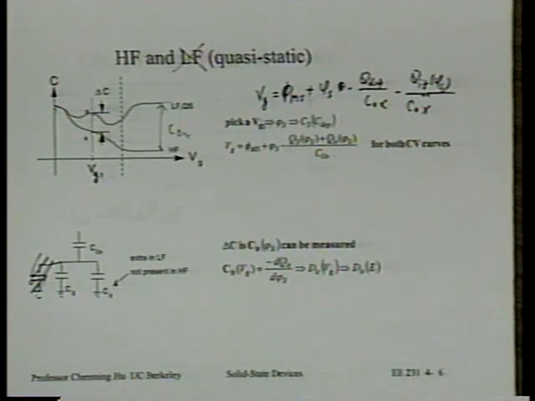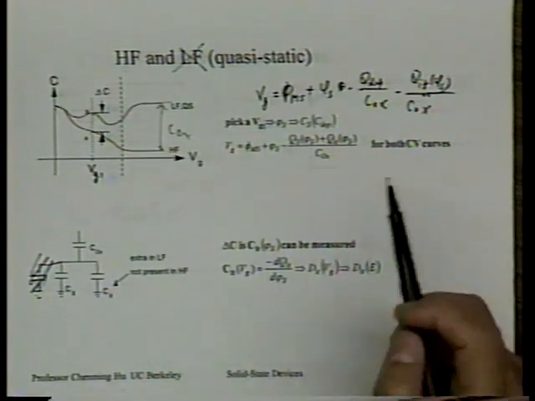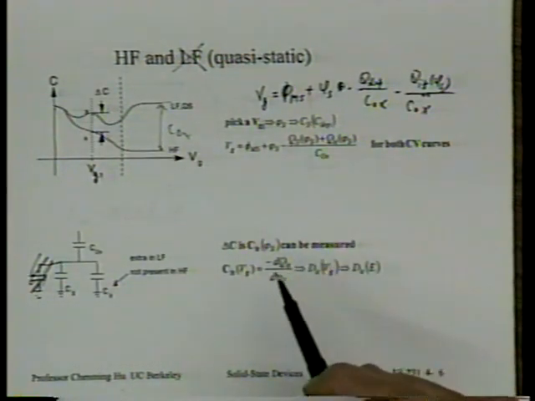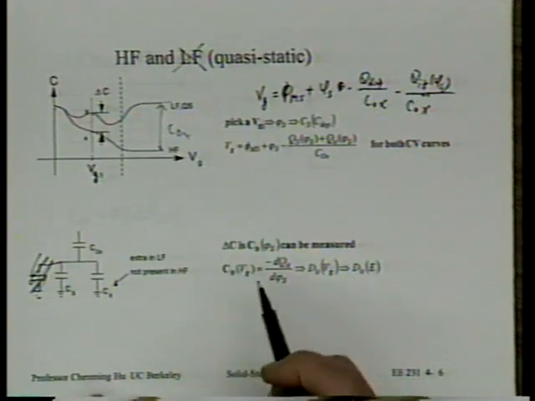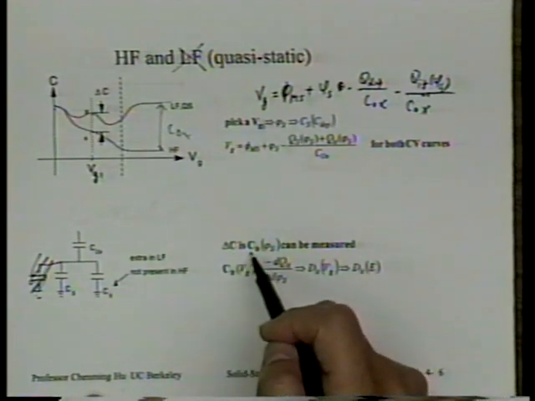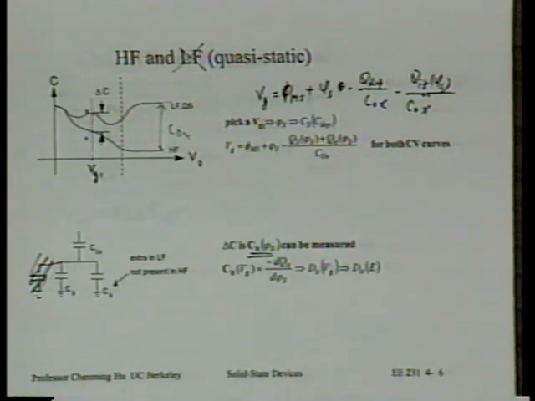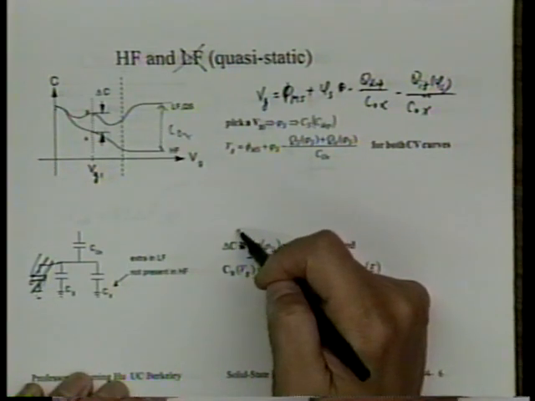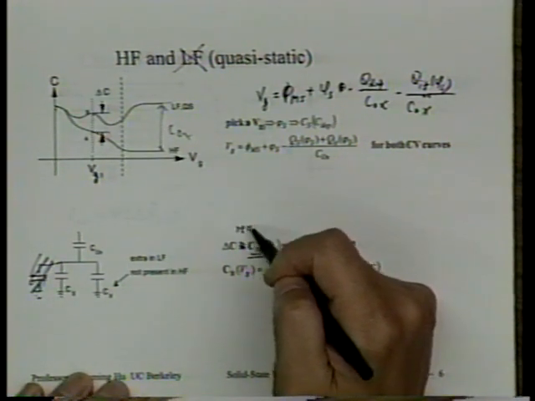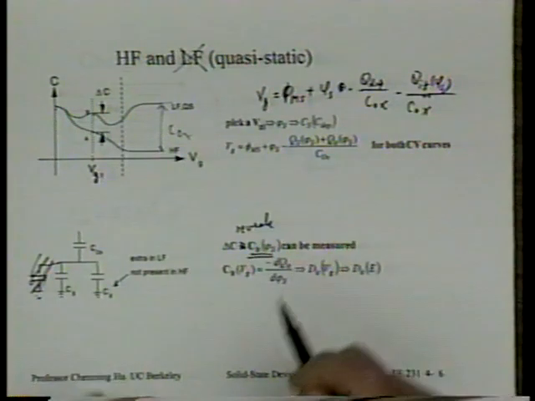All right? Okay. So now the question is, what does delta C tell us? Delta C yields CIT. Delta C reveals CIT. Right?